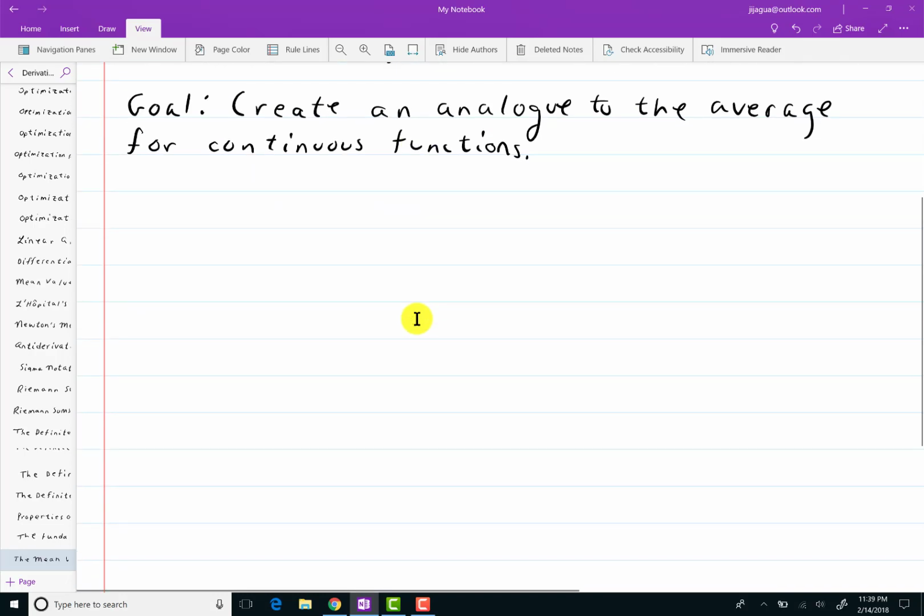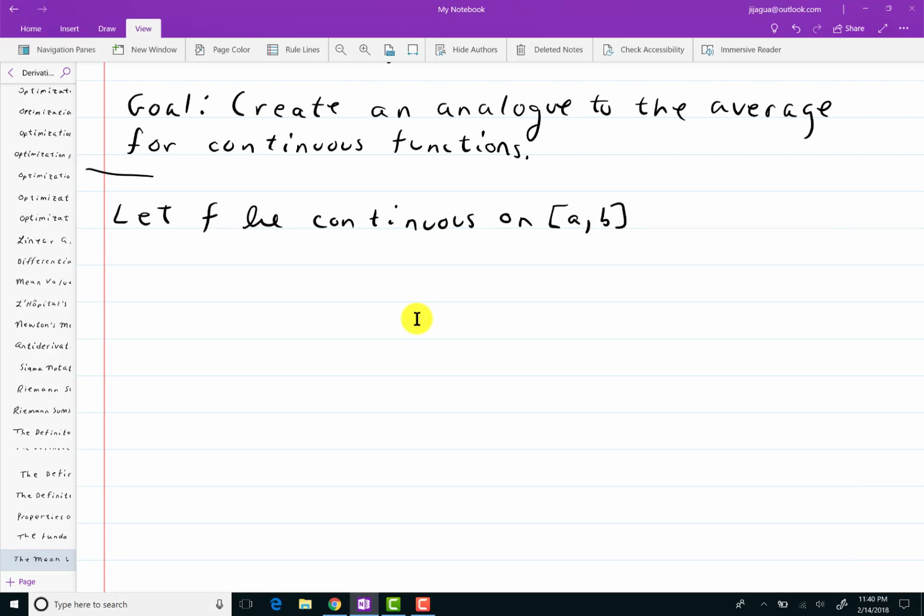So let's start as we normally do. Let f be continuous on the closed interval [a, b]. All right, so we know the integral exists.